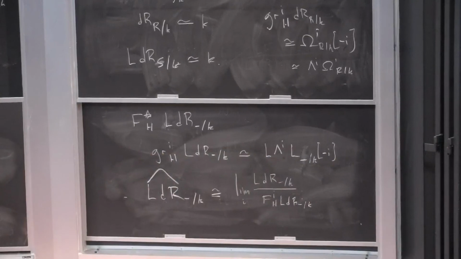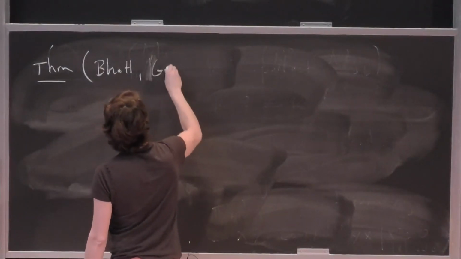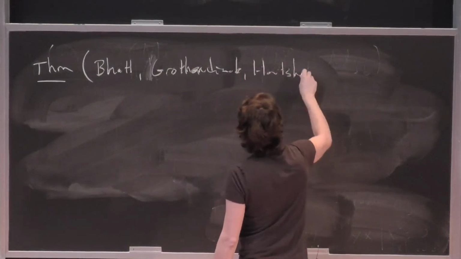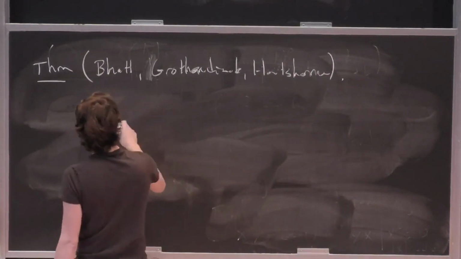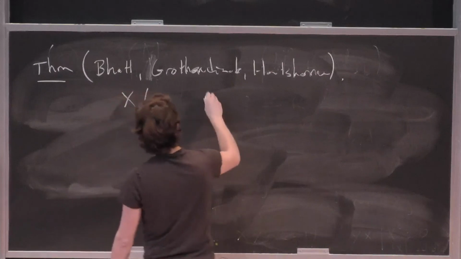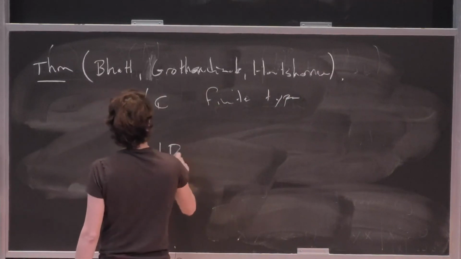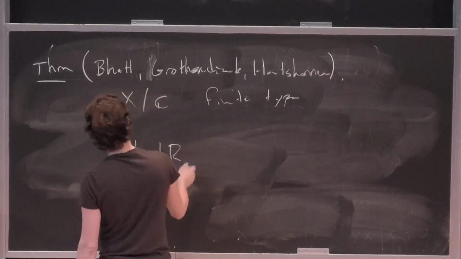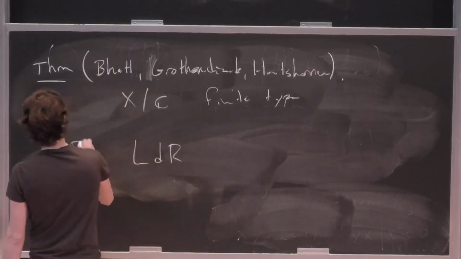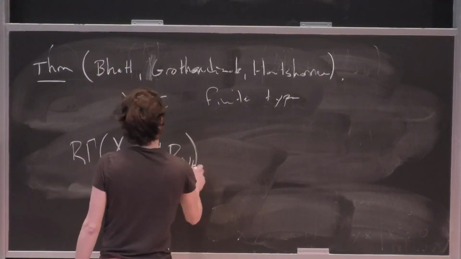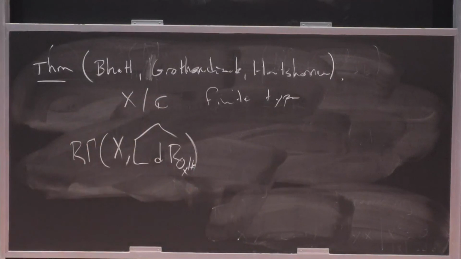So here's the theorem, which is basically due to, not in chronological order, maybe Bach, Grothendieck, and Hartshorne. Let's suppose that I have X over the complex numbers, which is finite type. And I take this L de Rham cohomology, take the global sections over X of this, completed with respect to this filtration.